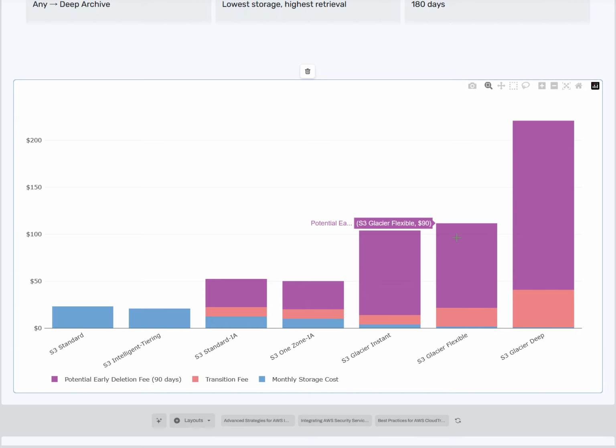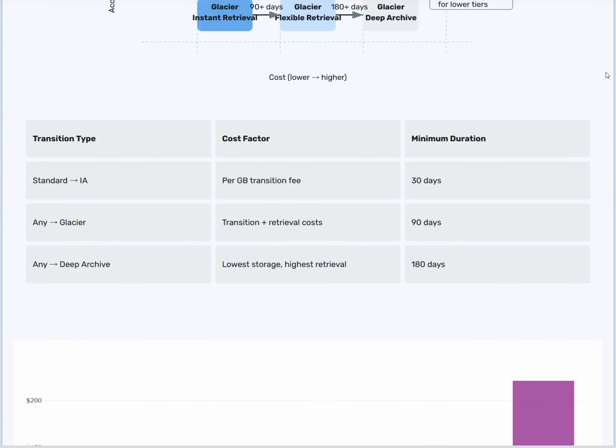Early deletion is going to be $20, and then totally that potential early deletion fee is $90. So expensive. This one, maybe $1. This one's $40. This one's 180. So you need to keep to the minimum days.